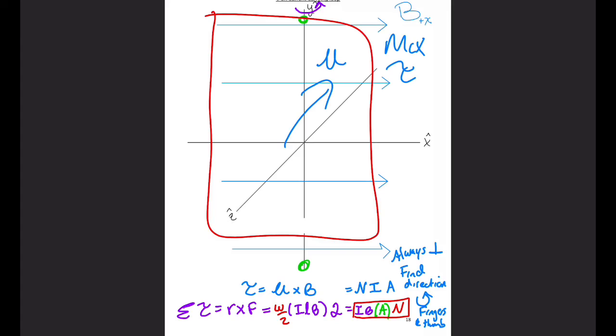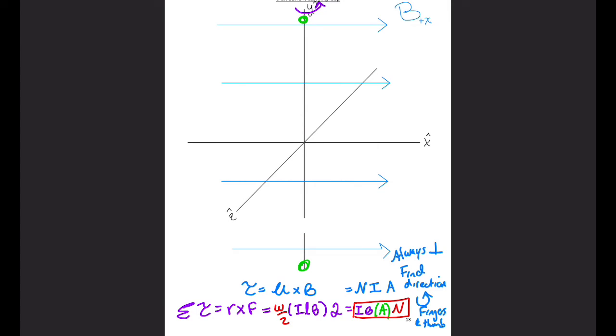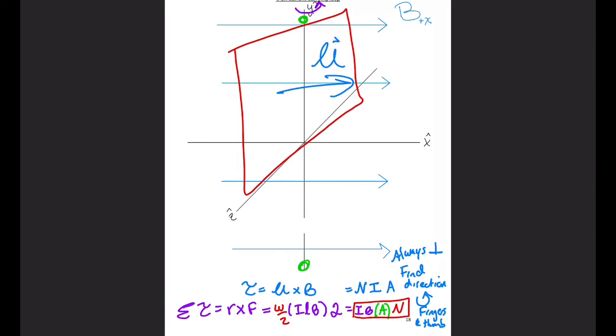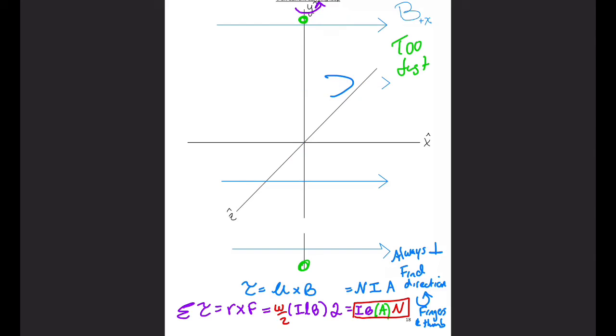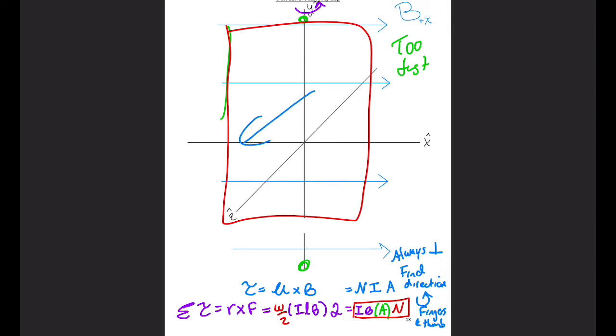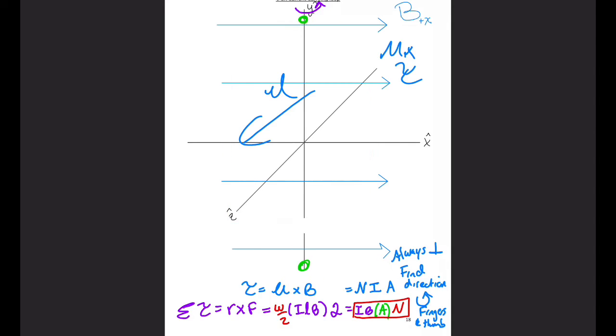But at that moment, it's maximum torquing the other way, rotating back around, finding itself in that location in the ZY plane with the mu and the B aligned. Again, just going too fast. So now the loop rotates back to its beginning condition with maximum torque, restoring it to rotate the other way.